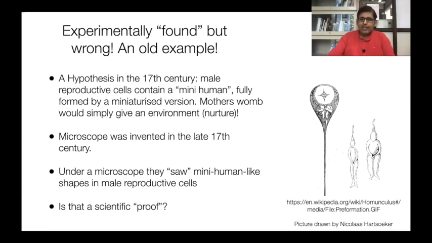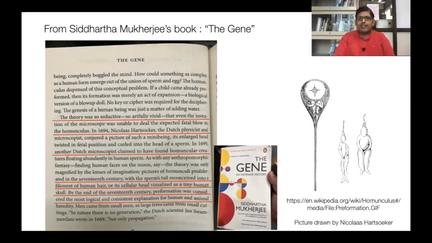Of course not, right? This is nicely described in the book The Gene by Siddhartha Mukherjee. I want to quickly read out a part from the book. "The theory of preformation was so seductive, so artfully vivid, that even the invention of the microscope was unable to deal the expected fatal blow to the homunculus.